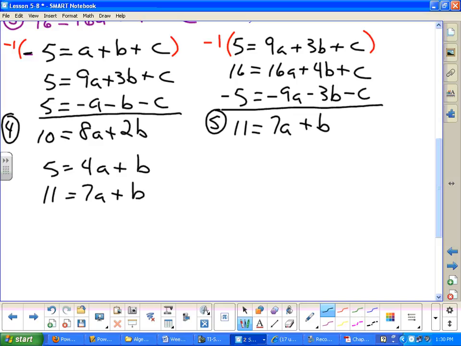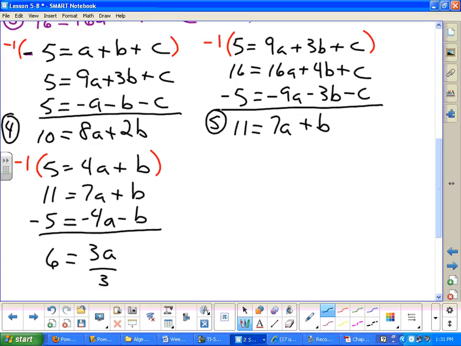B. Okay. So we'll go ahead and multiply this one by -1 again, so that I can simplify easiest. So we get -5 equals -4a minus b. So we get 11 minus 5 is 6, and 7 minus 4 is 3a.